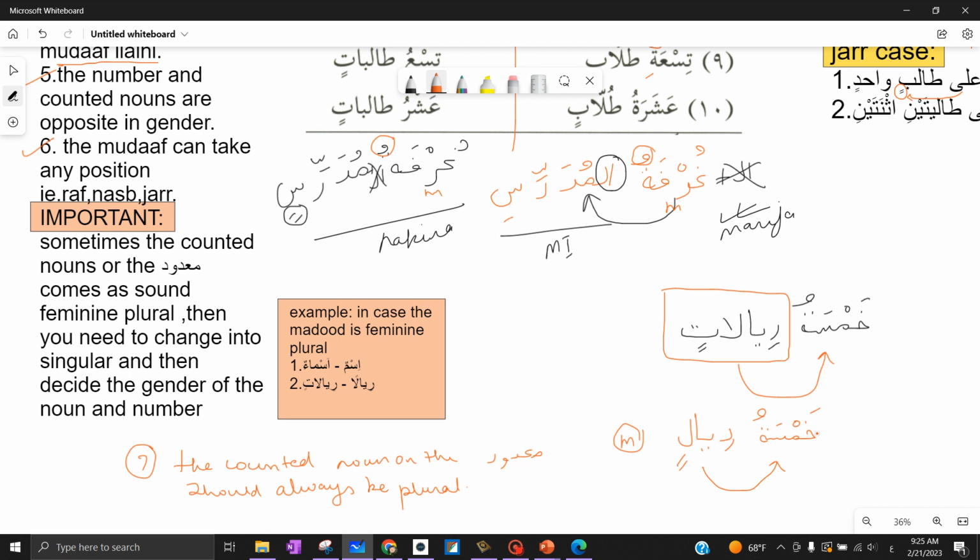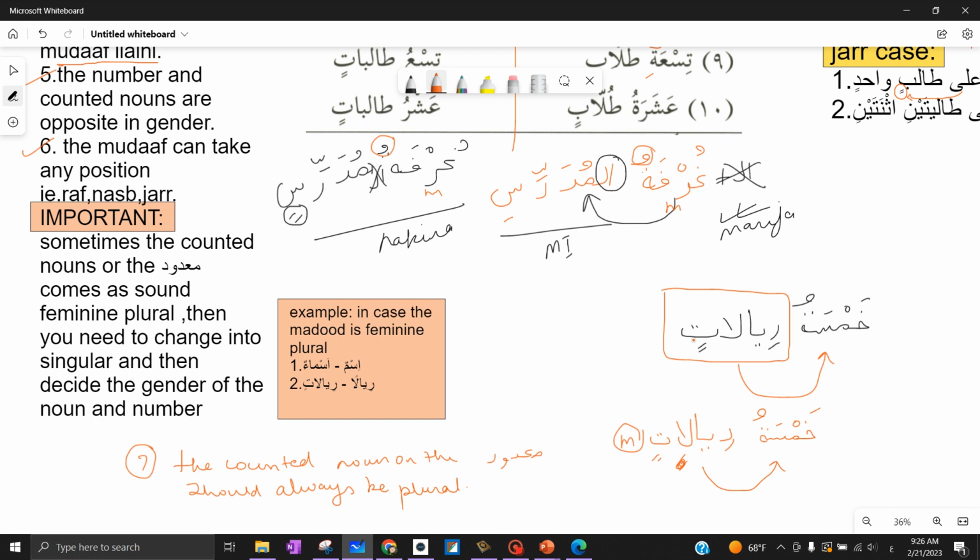So now here it's khamsatu riyalatin. You should never use a singular madud from 3 to 10: riyalatin and not riyal. So whenever you see the madud, try to go back to the singular form and then see the gender.